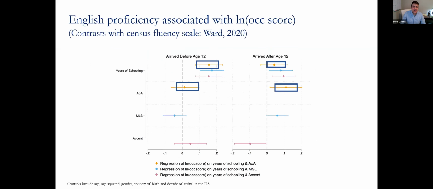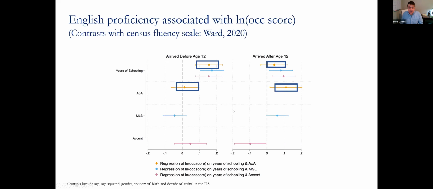I'm almost done, Natalie. We can also create these horse races. So censuses give us years of schooling, which we know has an important part in economic incorporation. But we can also look at English ability, not just yes or no, but the different components of English ability to assess their economic integration, right?